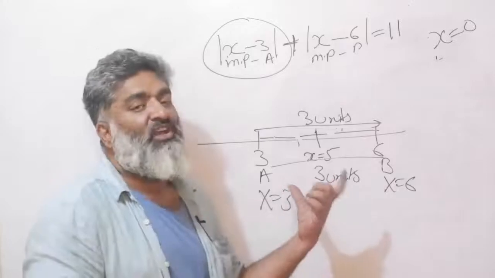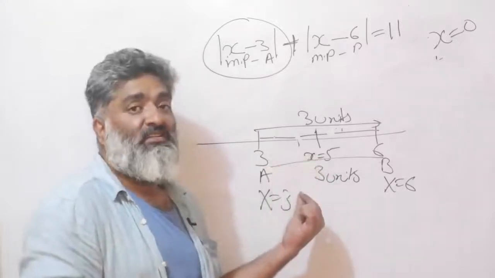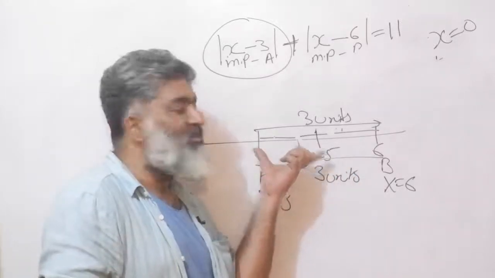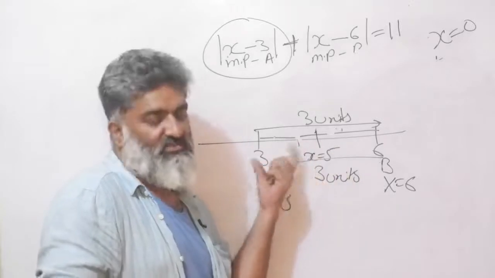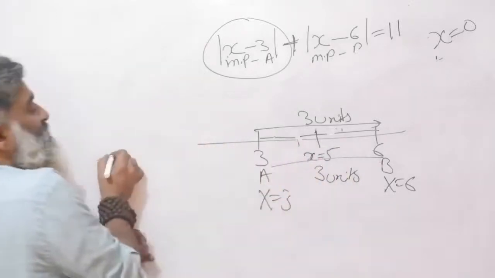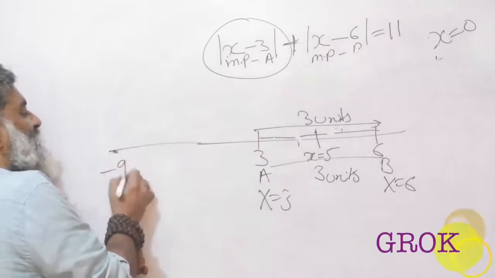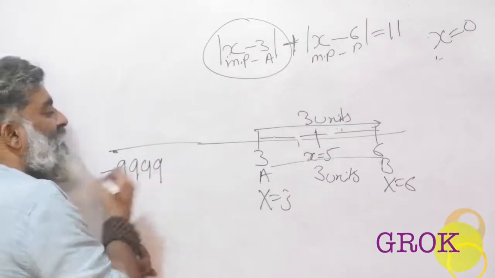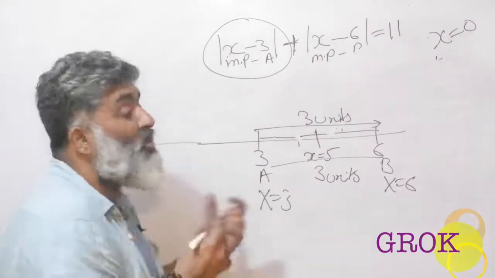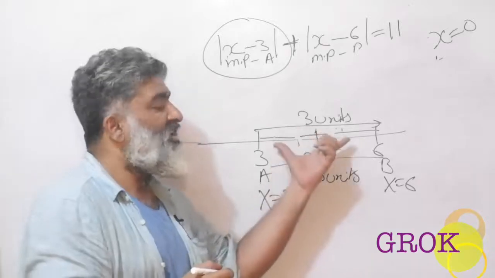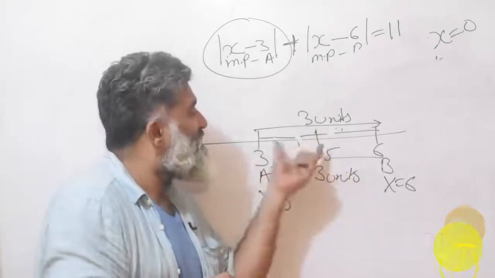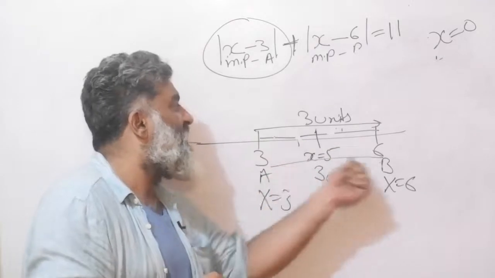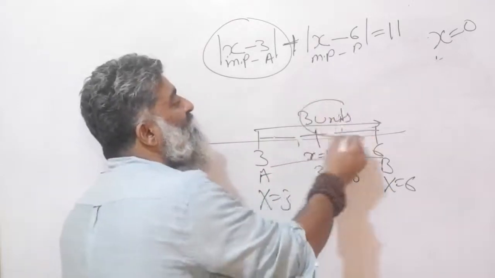That means if you are trying to get them to meet, and this is the shortest distance between them, somewhere in the middle maybe is the shortest way, because I can also make them meet at minus 9999. It is my universe, but the shortest distance is 3 units. Wherever you make them meet, somewhere in the middle or at the extremities, you will get to 3 units.